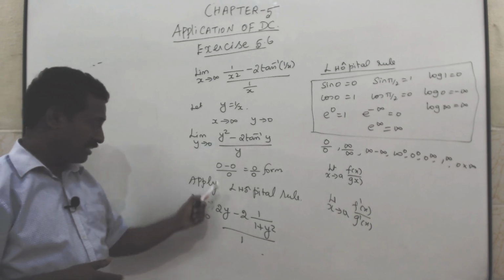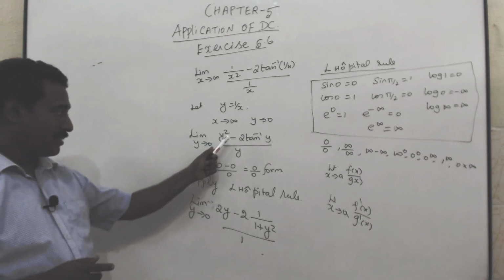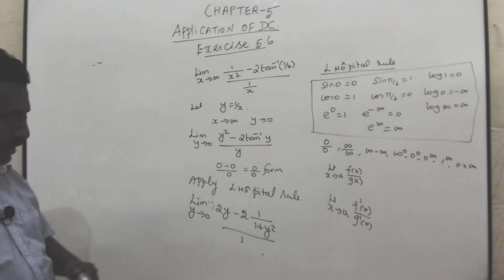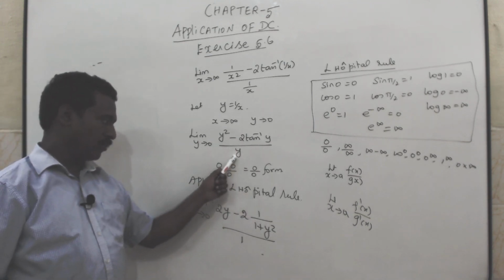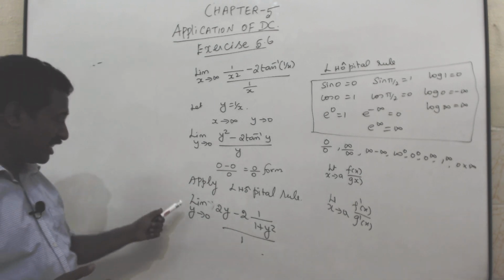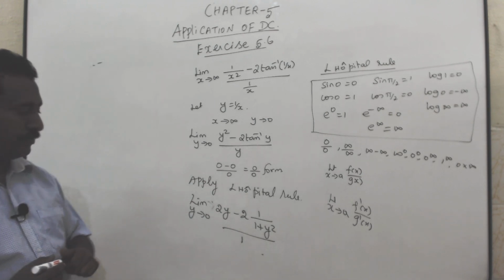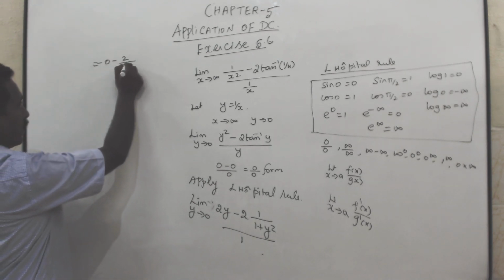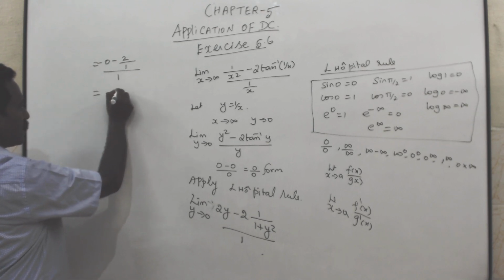Here don't put dy by dx, because it is with respect to y. Putting y equal to 0, we get 0 minus 2 by 1 divided by 1, that is minus 2.